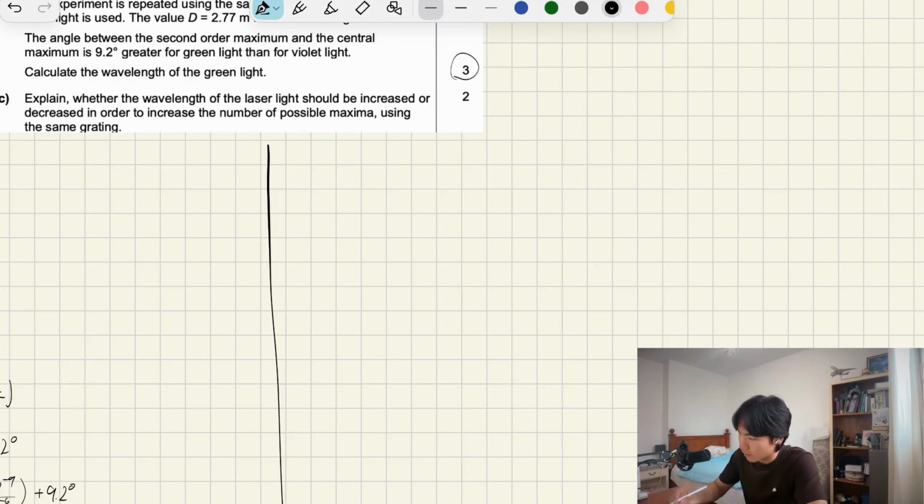So let's just write C: should lambda increase or decrease?